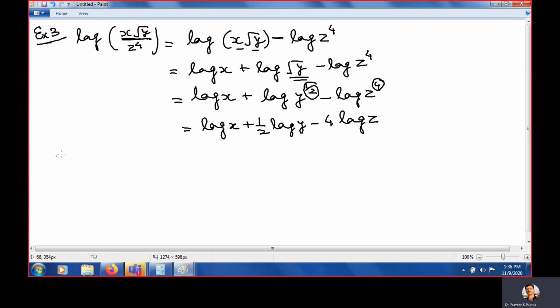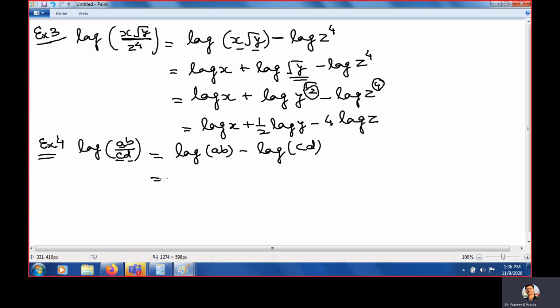One type of question I will also explain to you. This is example 4. It is a very simple example, but generally students create a problem in this. If in the numerator we have 2 functions and in the denominator we have 2 functions, then how are we going to do it? Please look here. First we will write the log of the numerator, then minus the logarithm of the denominator. Logarithm of multiplication: log A plus log B. Please kindly put them in brackets. Minus, here the logarithm of CD.